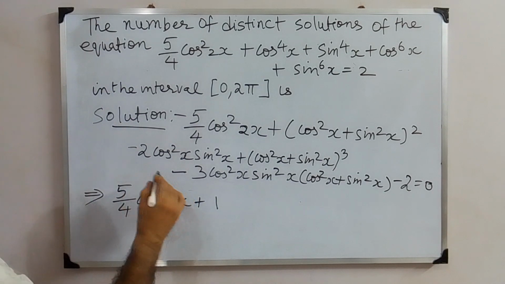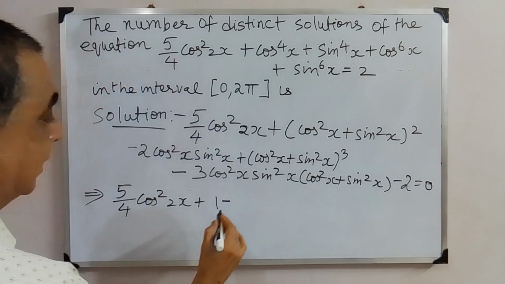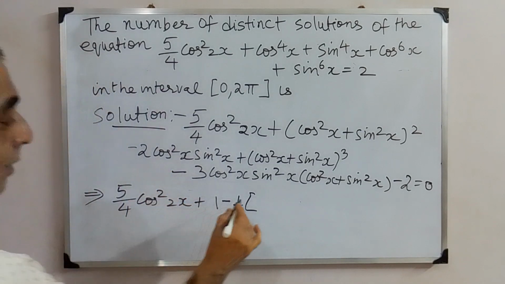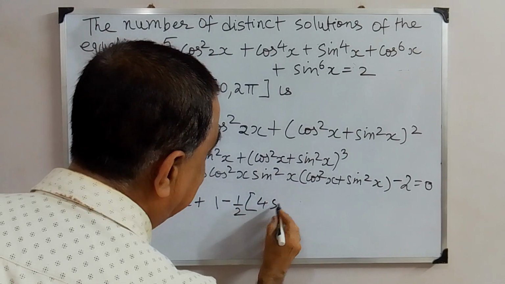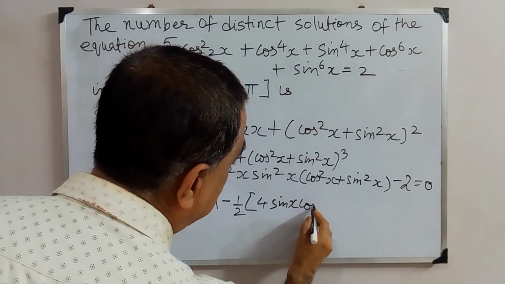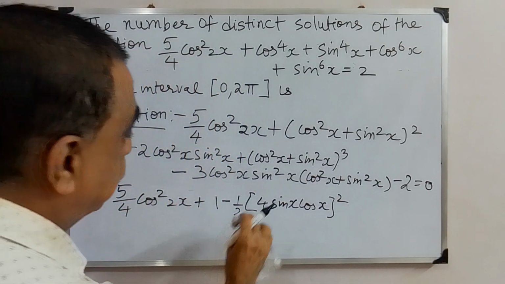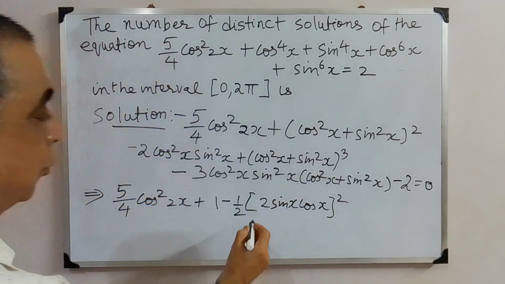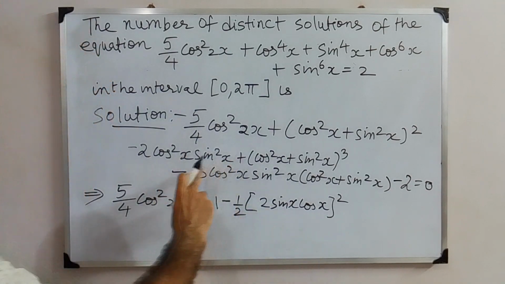And here minus 2 cos squared x sin squared x, that we can write as 1/2 in bracket 2 sin x cos x whole square, because 2 squared will become 4, and 4 divided by 2 we are getting 2, and sin squared x cos squared x.